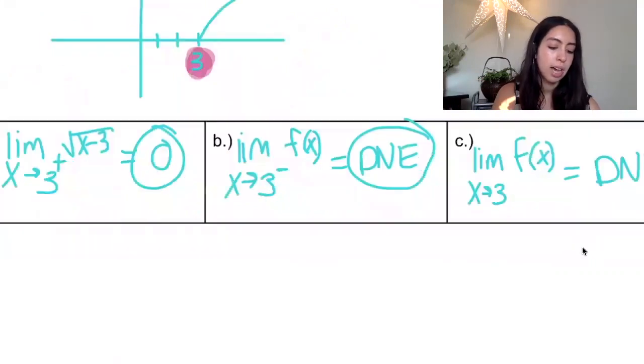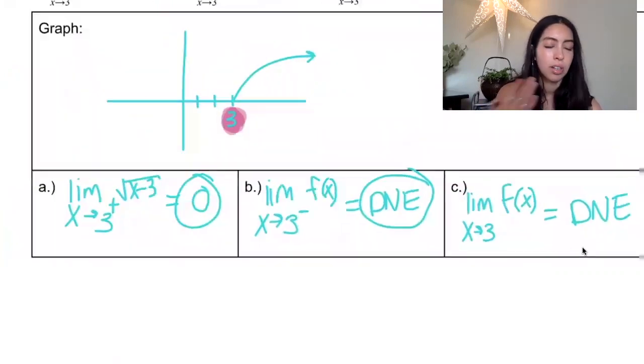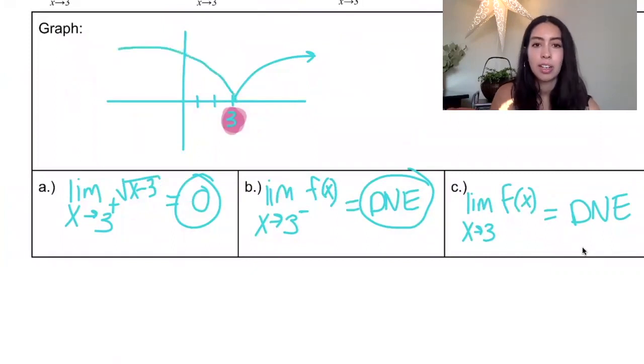So how could we make this exist? Well, in this case, we would have to change the function so that we can create a function that actually has a left side and that actually meets up at y equal to 0 there. That's the only way that we can make this limit exist. Otherwise, the limit does not exist.